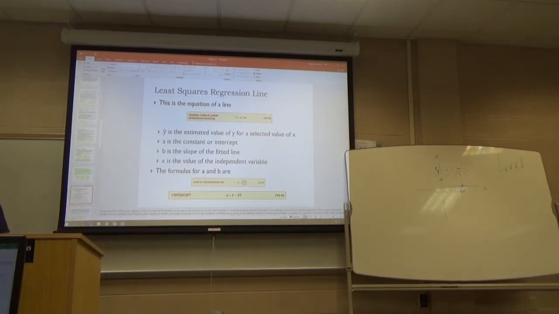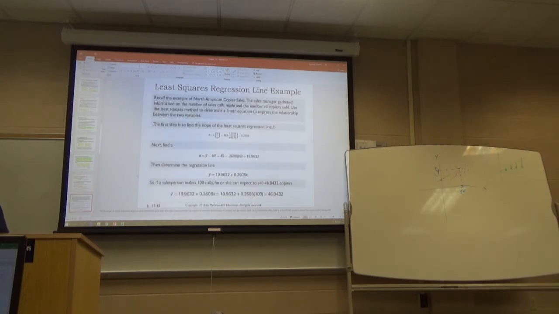Now, let's do an example. Recall that North American copier sales, remember what we're talking about here? Our 15 salespeople. The sales manager gathered information on the number of sales calls made and the number of copiers sold, using the sum of least squares to determine a linear relation to express the relationship between the two variables.